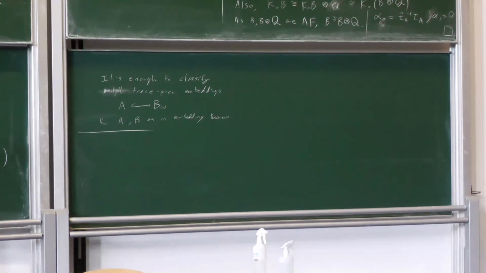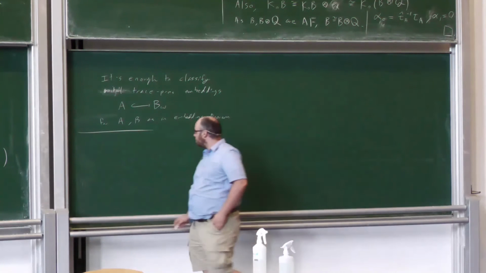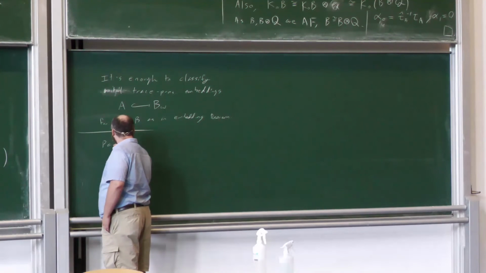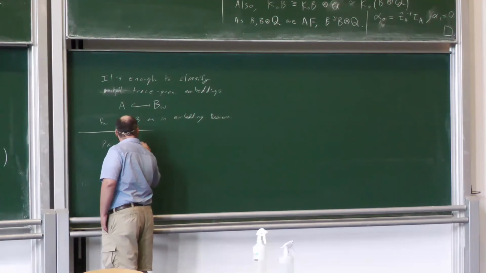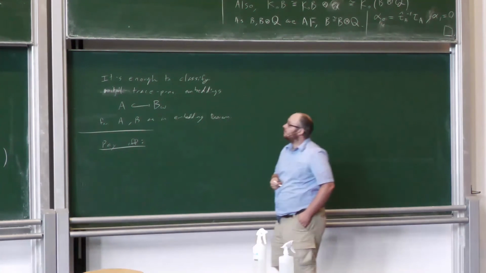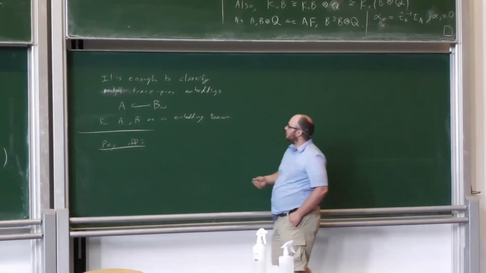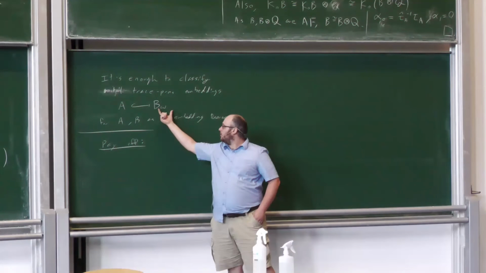Okay, so this is what we're actually going to talk about: how to describe embeddings into the ultrapower of B. There's one major benefit of this, which is part of why ultrapowers are used a lot.